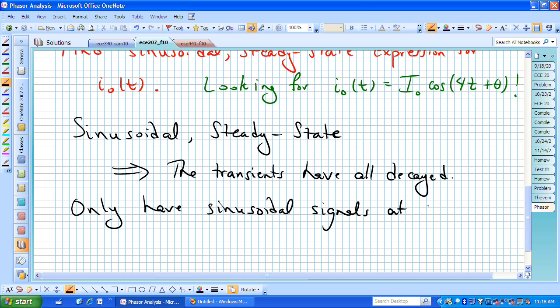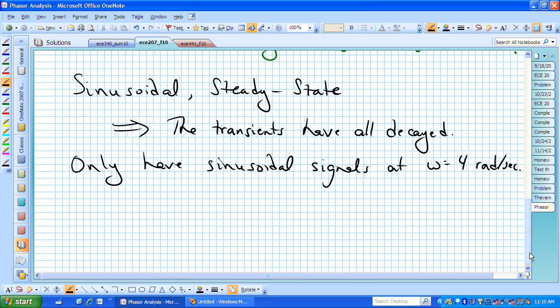And because our two sources are at 4 radians per second, all of those currents and voltages will be at 4 radians per second, and only sinusoidal signals at that frequency are in the circuit.